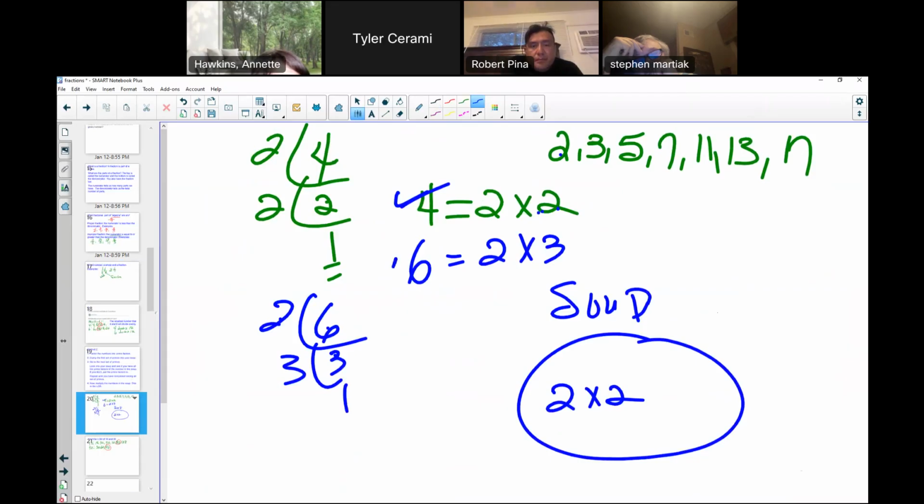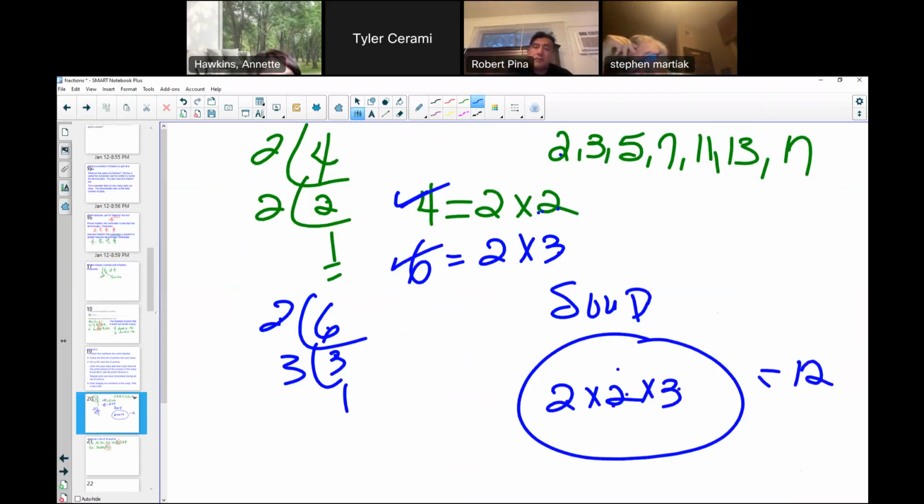So let's go to 6. 6 needs a 2. Look at my soup, I've got 2 2s, so I don't need any more 2s. 6 needs a 3. I look at my soup, I do not have a 3, so I need to put a 3 in there. Okay? All right. So this is going to be my LCD, 2 times 2 times 3, which gives me 12.